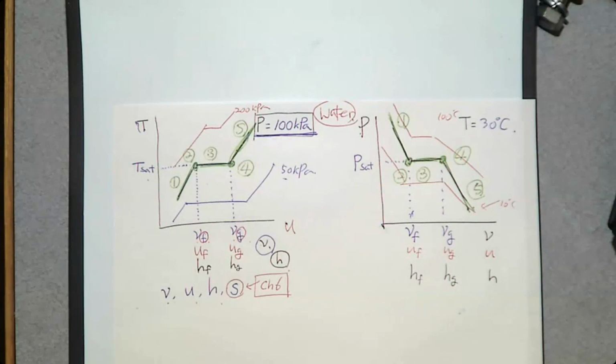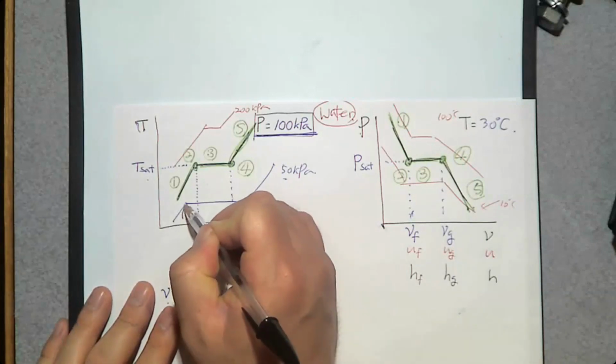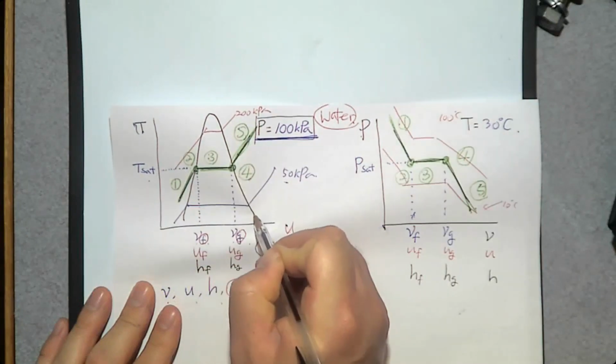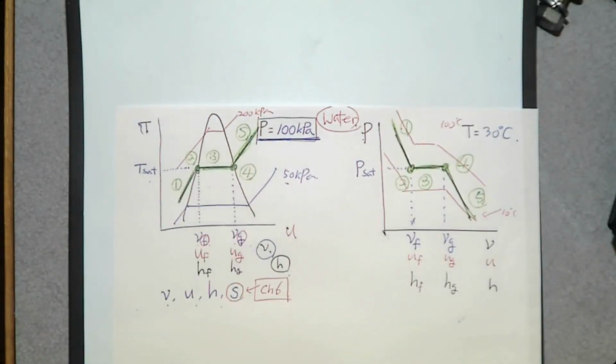Saturated vapor, saturated vapor, saturated vapor. You can connect them. Then the graph looks like this. This is called the saturation curve. And the top of this saturation curve is called the critical point. Above this point, there's no more liquid water. You only have supercritical water. Okay?